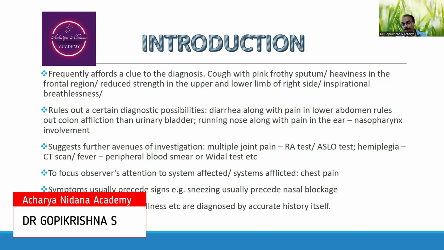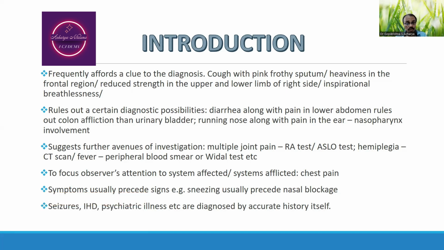Suppose the person presents with hemiplegia, that means loss of strength in the left upper limb and lower limb. Ideally, the diagnosis will be done by CT scan head to rule out the probable cause of the disease as either ischemia or hemorrhage.